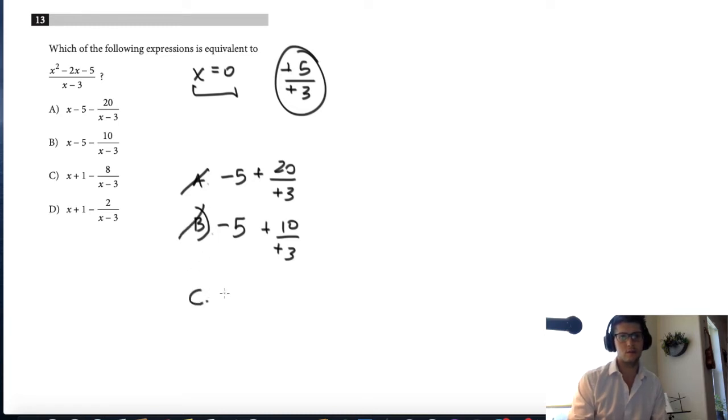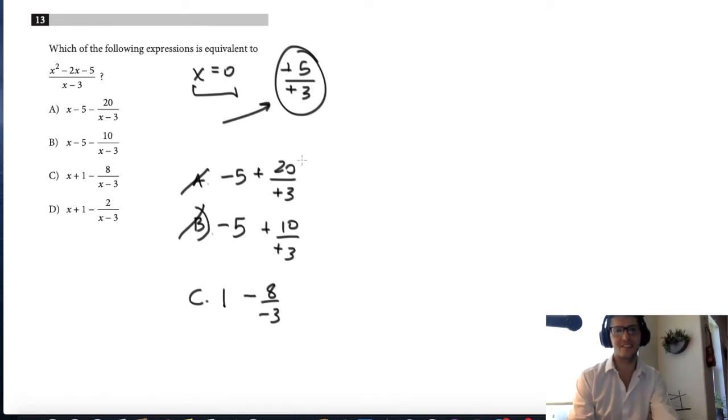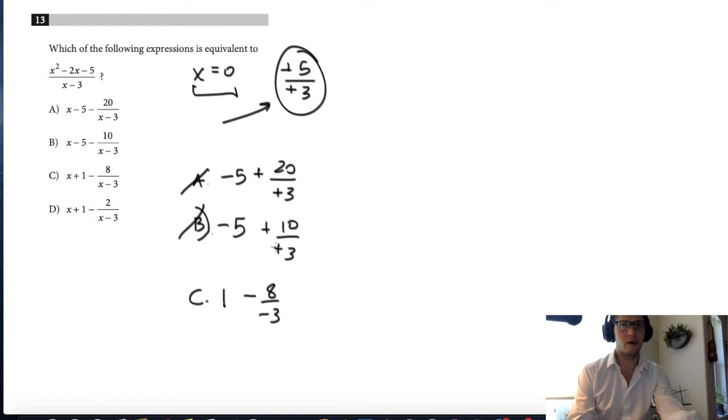So C would say 1 minus 8 over negative 3. So I'm starting to get the sense that I might have done this question wrong. I am. I totally did, because I forgot I was looking to get to 5/3. So my apologies. Let me back up and say I need to get to 5/3. So 5/3 is a positive value.